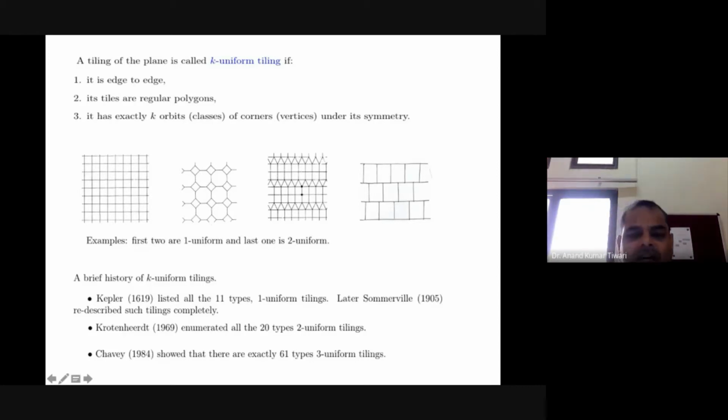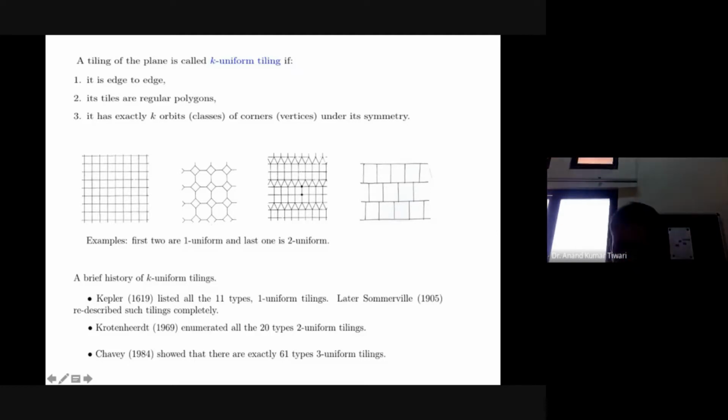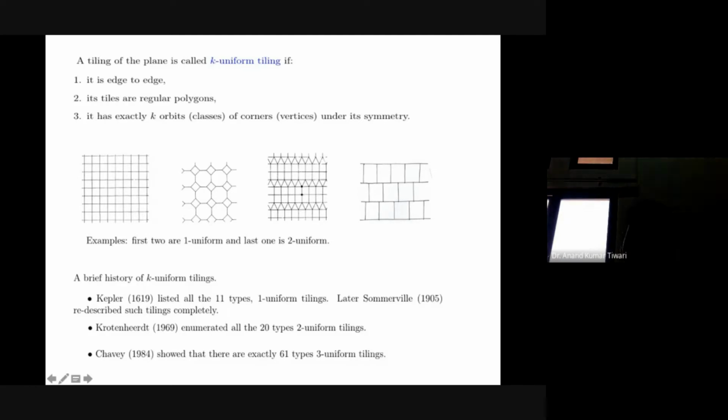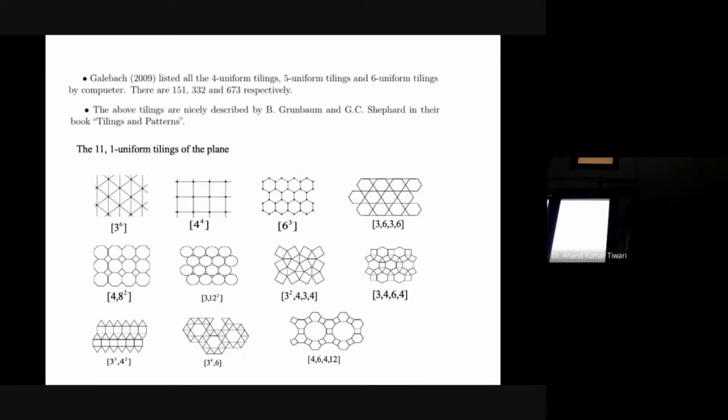Later, Somerville in 1905 described them again, and then these 11 types of tilings came to the attention of the society. Analogously, Krotenheerdt proved that there are exactly 20 types of two-uniform tilings, and later Chavey in 1984 exactly enumerated the three-uniform tilings on the plane.